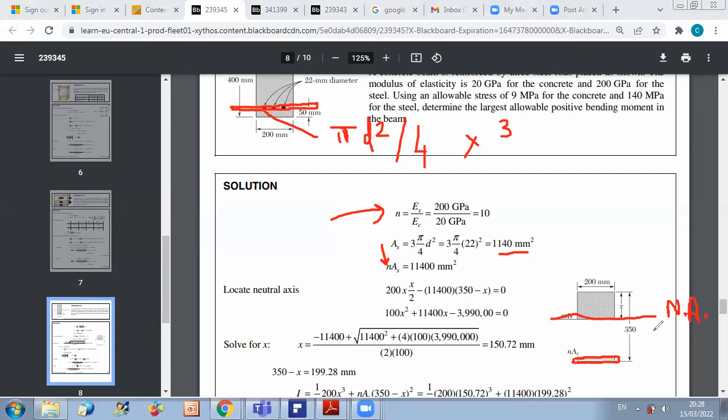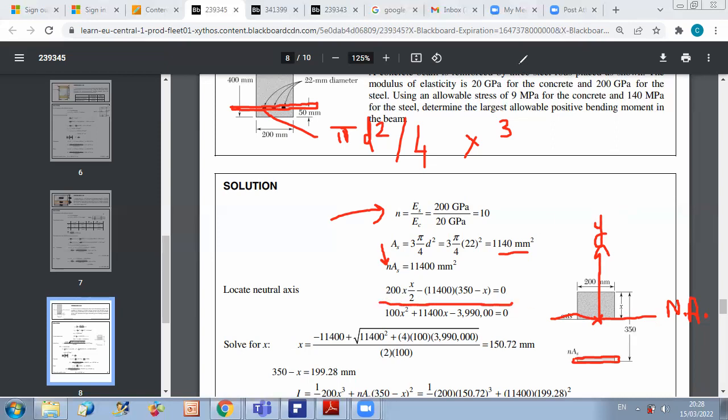So we can just apply the rule that sum of Ai yi equals y bar of the neutral axis times A. Now, since we considered the origin of our y-axis at the neutral axis, y bar of the neutral axis will be 0. And then we can solve for sum of Ai yi equals 0, as we discussed in the course material.